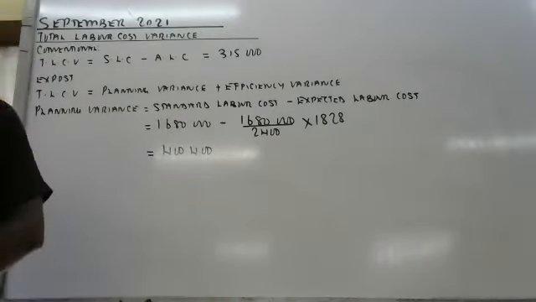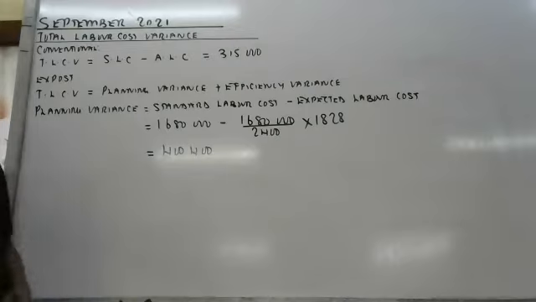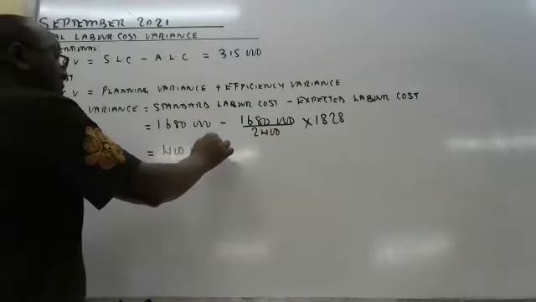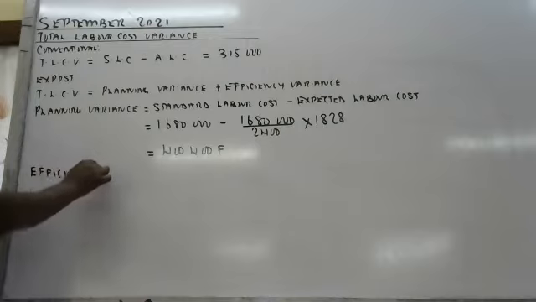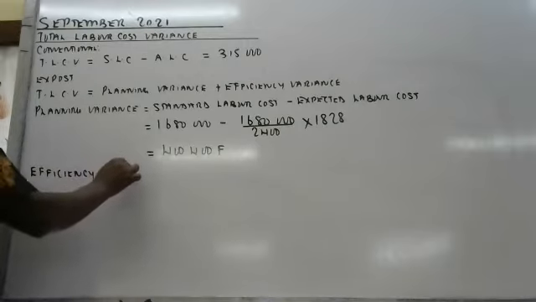Negative or positive? If it is positive, it means the expected was less. So that is favorable. Let's now get the efficiency variance.